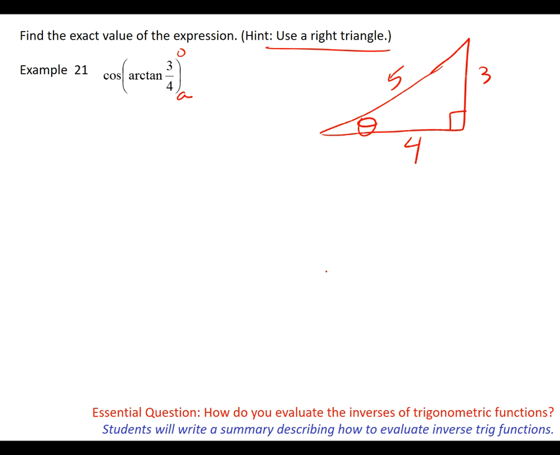Okay. So, this is the way my brain thinks that this question is asking us to do. And I'm going to write it down, and you should probably write it down too. This question is saying find the cosine of the triangle for arctangent of 3/4. So I need to find the cosine of whatever triangle is associated with this. I don't need to go back and figure out what the angle is, I just need to find the cosine of its triangle. When we were able to use the unit circle, we could figure out the angle.